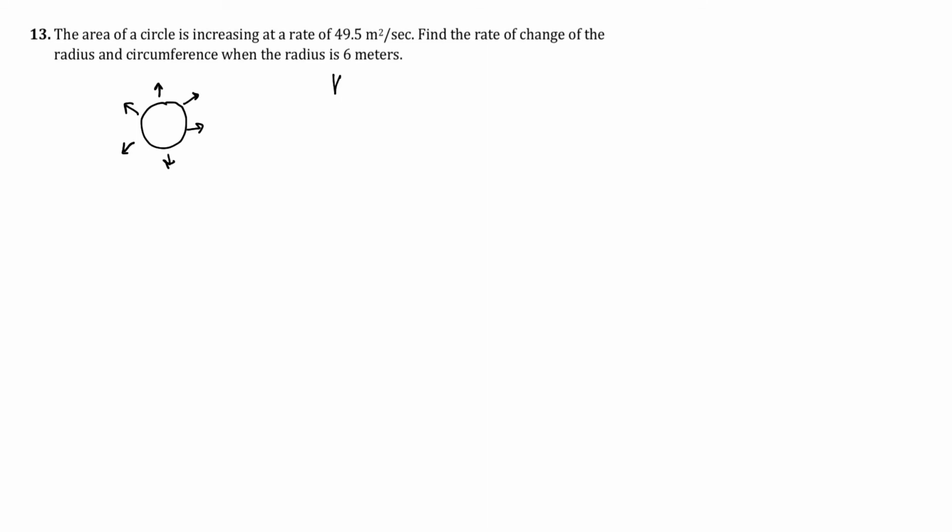We can write down what we know and what we want to know. So what do we know? The area is increasing at a rate of 49.5 meters squared per second. So the rate of change of the area, dA/dt, is positive because it's increasing, positive 49.5 meters squared per second.